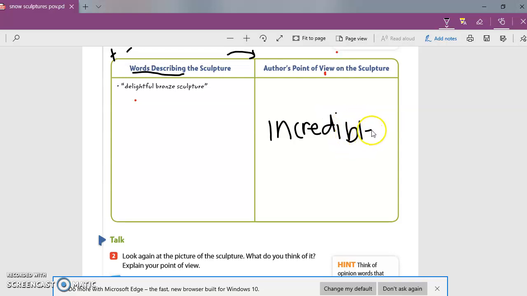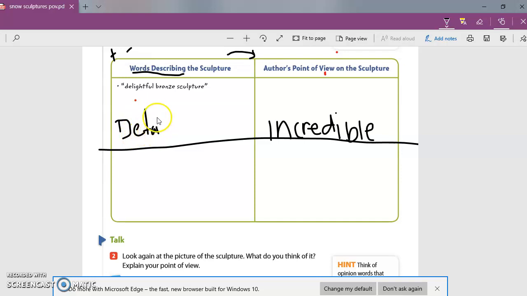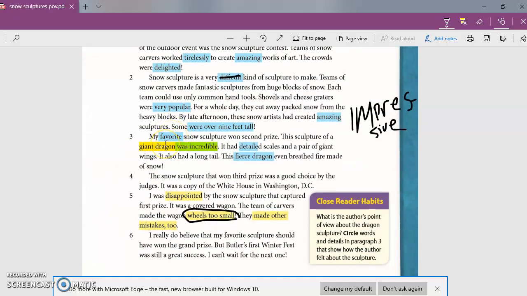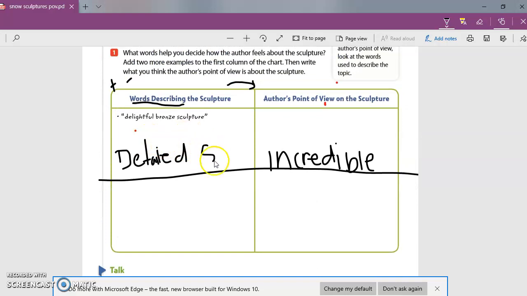And I am going to just kind of write not so much, and then detailed. I'm so sorry, everyone. Detailed scales. Okay, so we know that the dragon with the detailed scales was incredible.